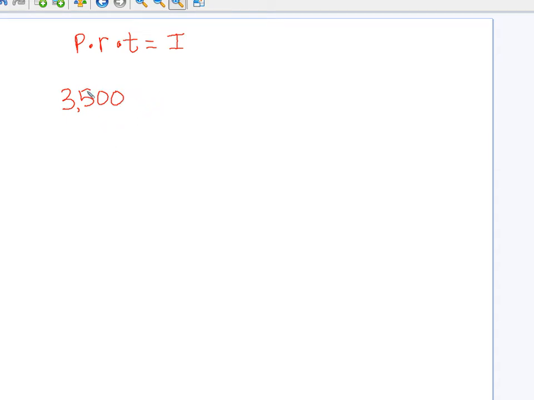So I put in 3,500. I'm not sure of the rate. I'm going to leave that in for 3 years. And after I have left it in for 3 years, I have made $703.50. Now you just solve like a simple equation.